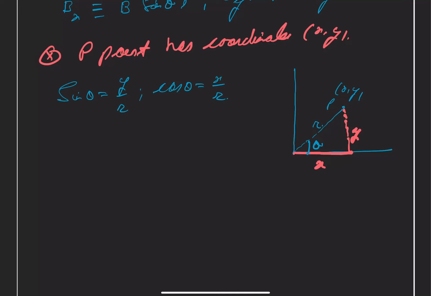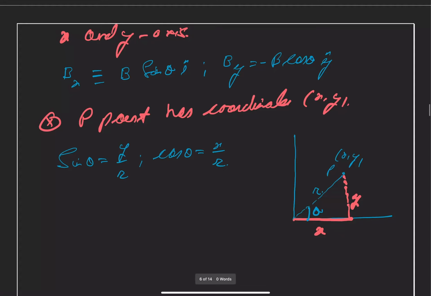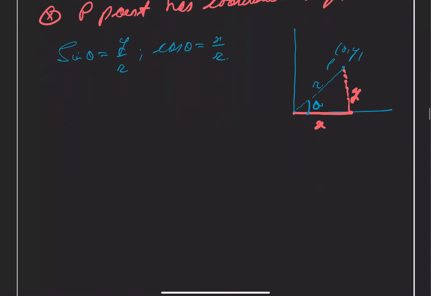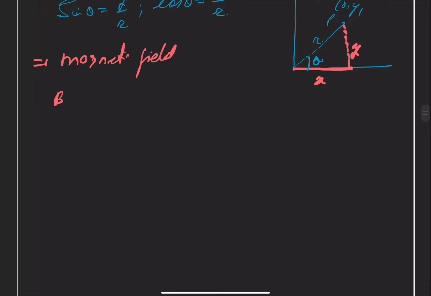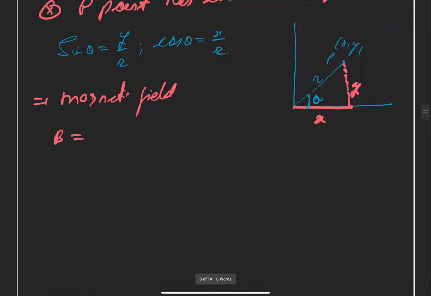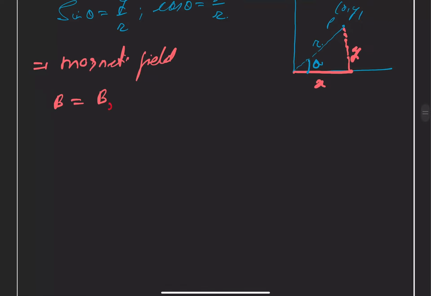So we substitute it in the magnetic field equation. We can say that our magnetic field B will be equal to Bx plus By, which can be written as B sine of theta I minus B cos of theta j.